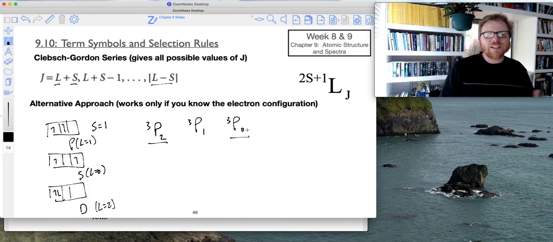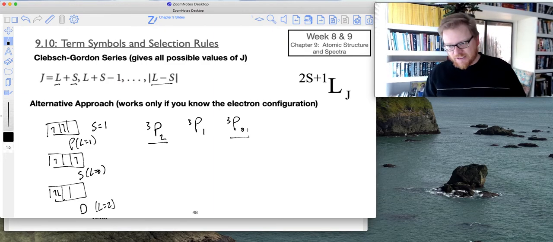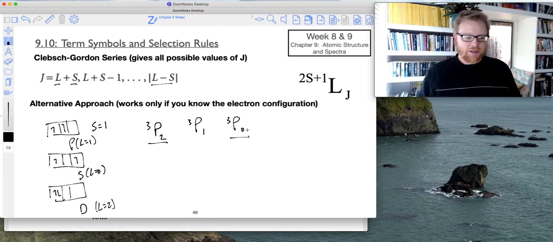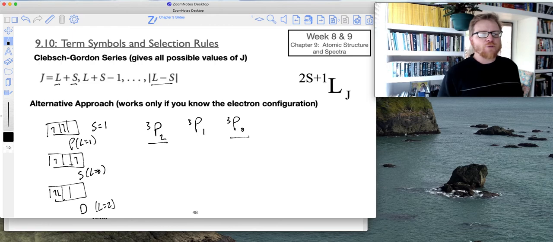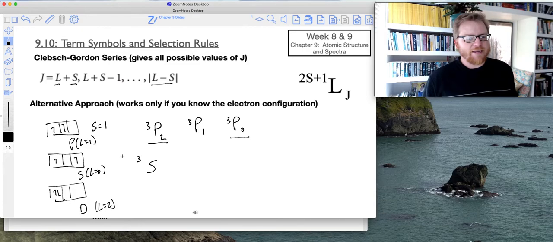However, these still really aren't observed to create splitting that we observe in doublet states when you only have one possibility, okay? So now if we go to these S possibilities here, we recognize that it's an S. It's still a triplet, okay? So now that means, so S is equal to 1 and L is equal to 0.